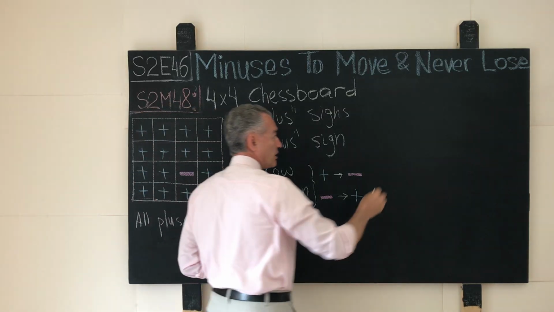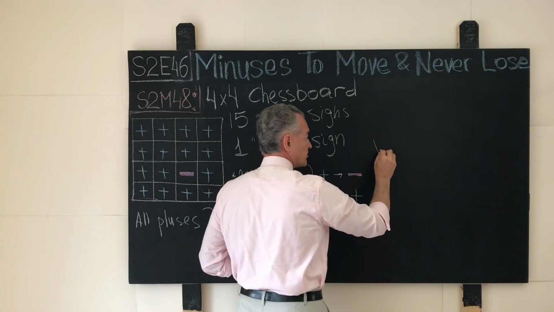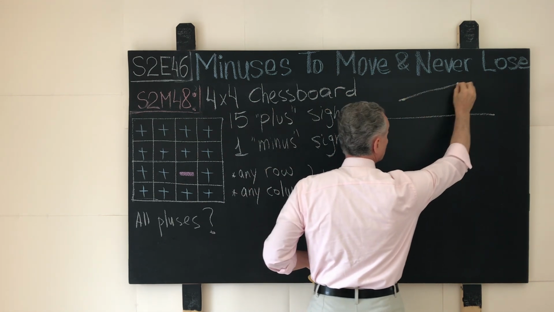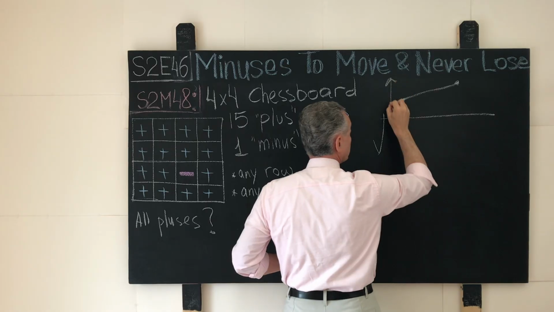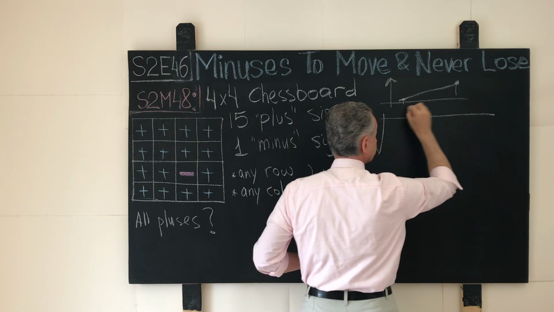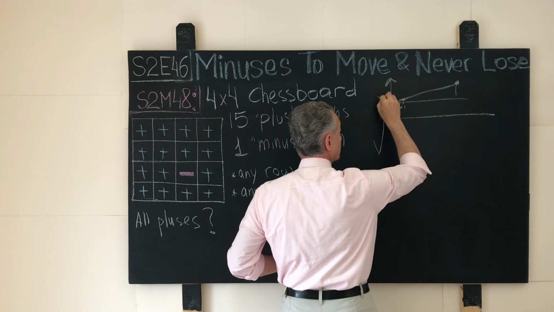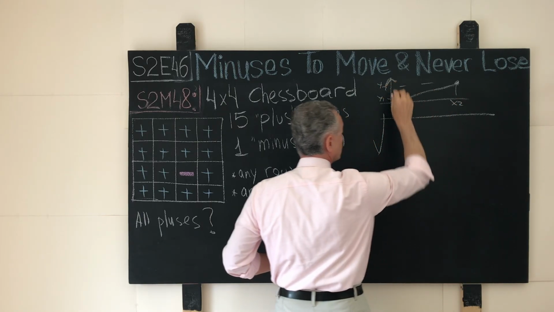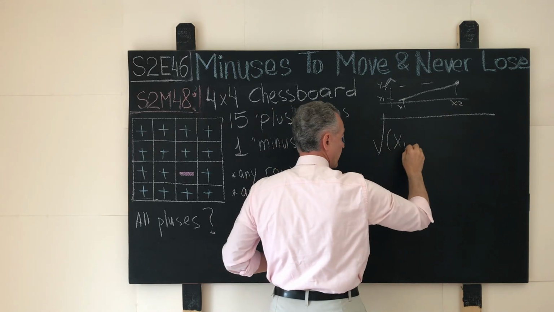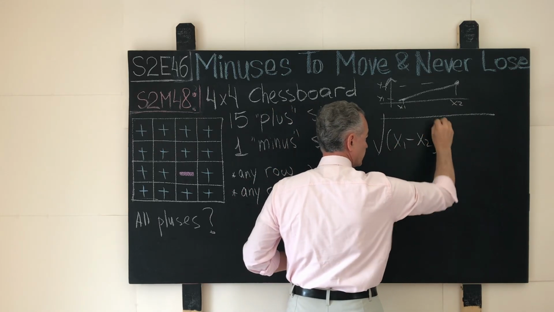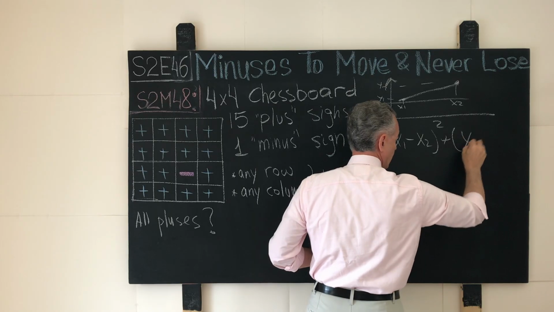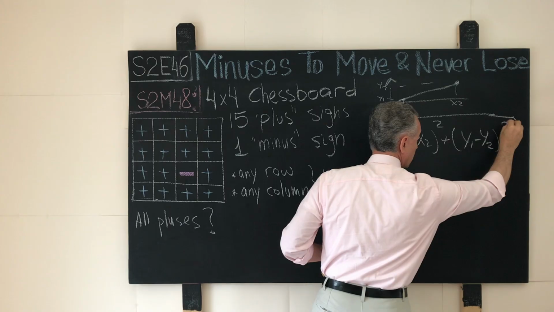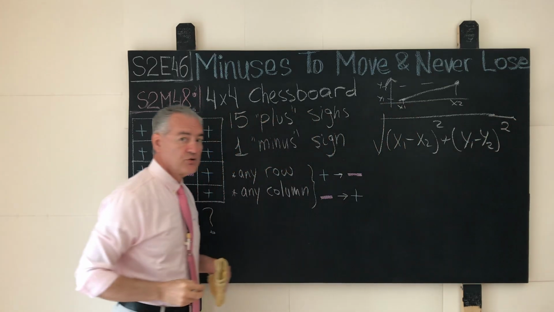You were told about the formula that expresses the distance between 2 points in the Euclidean plane, let's say, with the coordinates x1, y1, and x2, y2. And what is this formula? The square root of (x1 minus x2) squared plus (y1 minus y2) squared. This is the Euclidean metric.